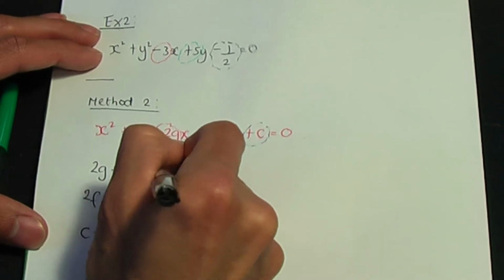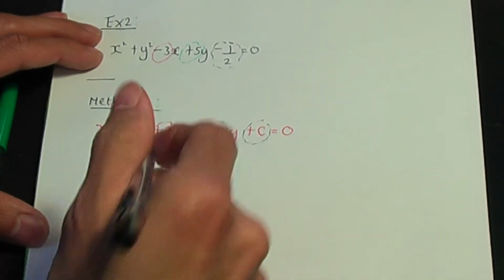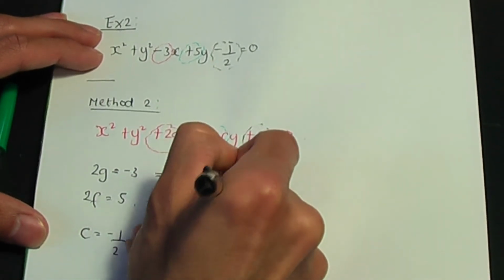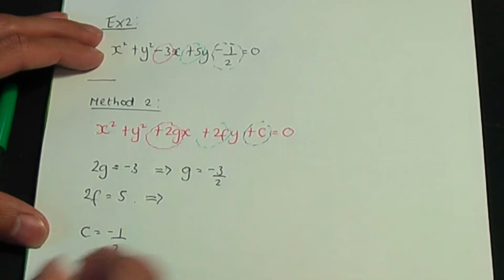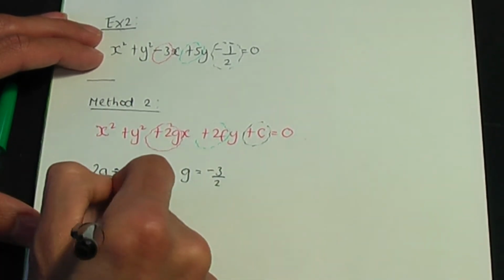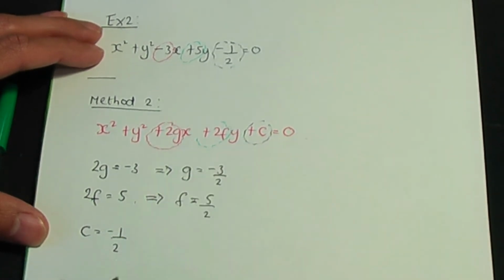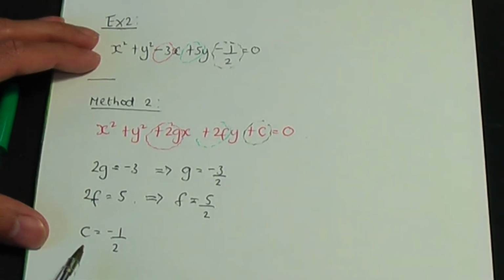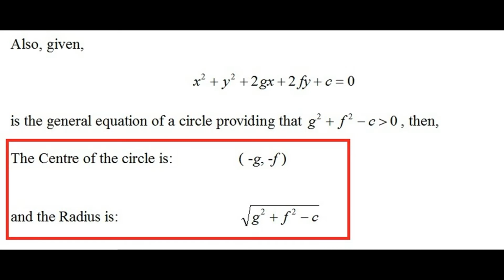So let's calculate g and f. 2g is minus 3, so g is minus 3 over 2. f will be 5 over 2. So these are the values of g, f, as well as c by comparison. Remember, to work out the coordinates of the centre, it's minus g, minus f.